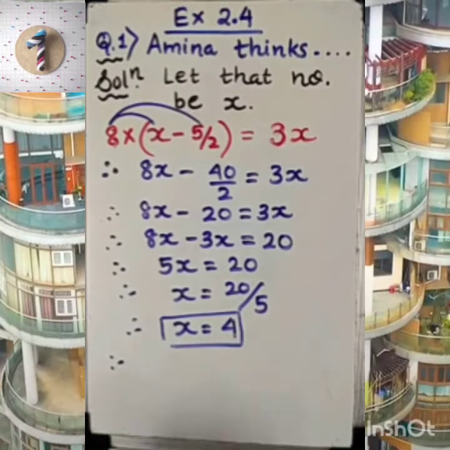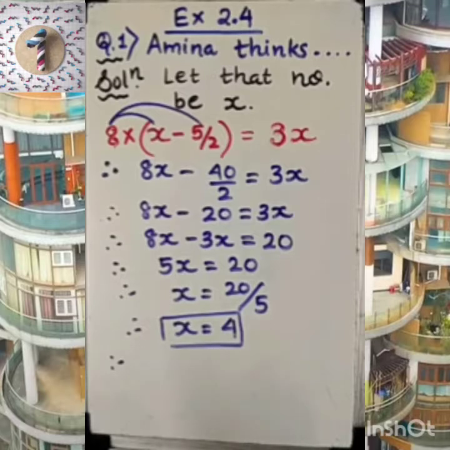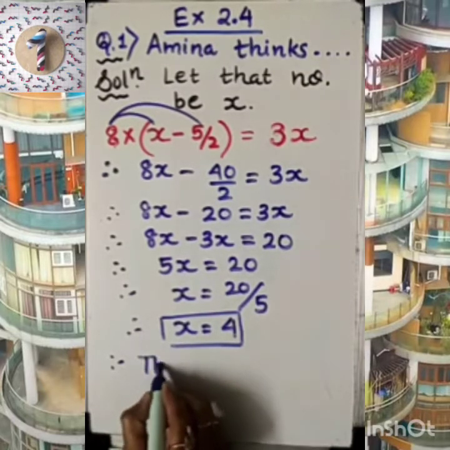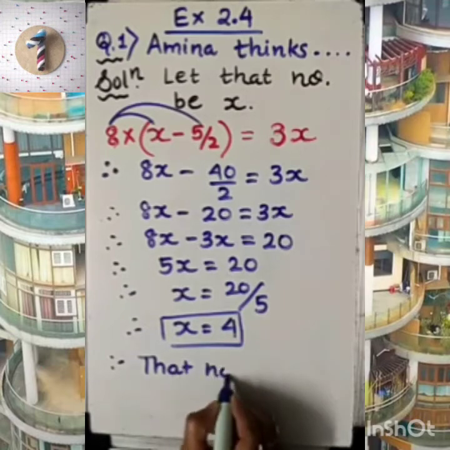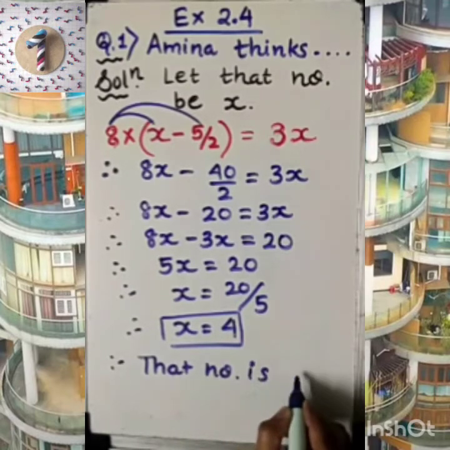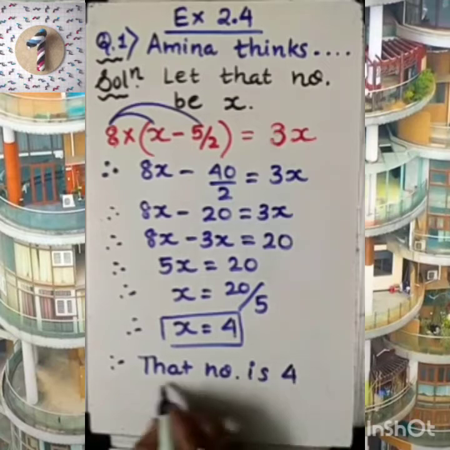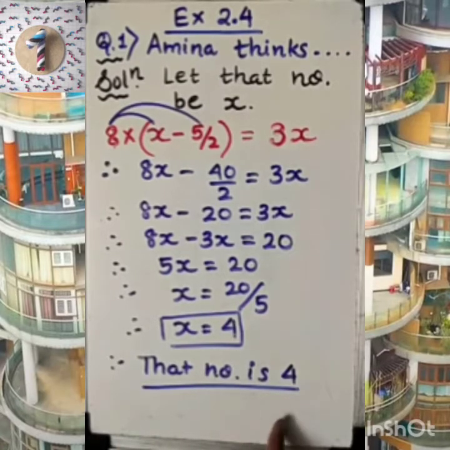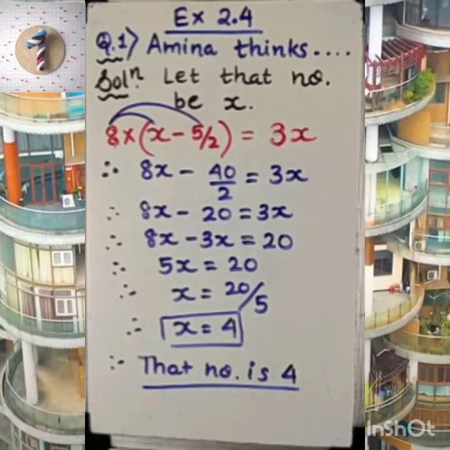We need to write the number. Which number did Amina think about? Therefore, we need to mention that the number is 4. Amina thought of the number, and that number is 4. This is the complete solution of question number 1.